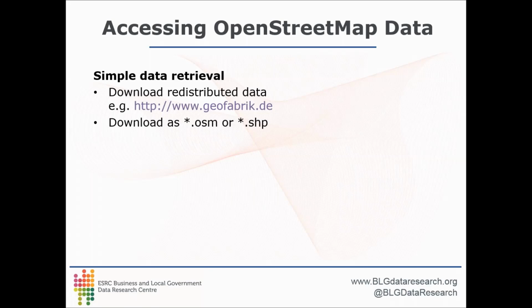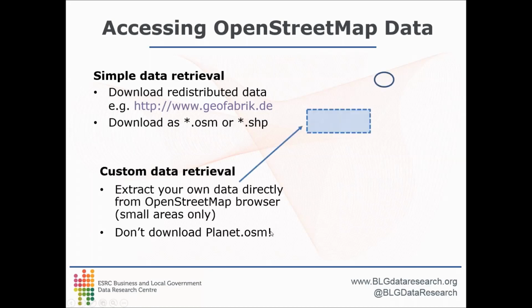One that we use a lot and has proved very useful is a German website, GeoFabrik. What has been done there is to take the whole of the OpenStreetMap database and put it into sections so you can get data for particular countries or particular regions. And sometimes if you just want a set of data, that's quite an efficient source to use.